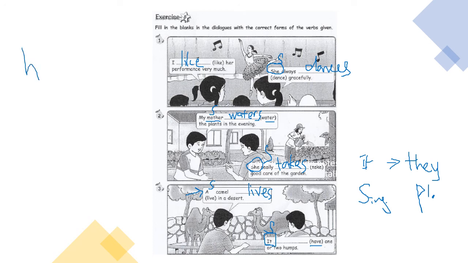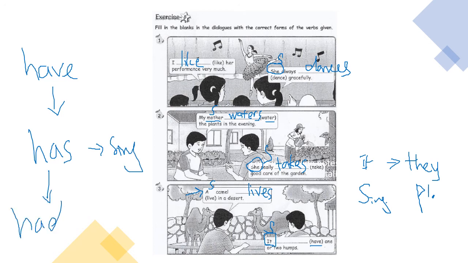Have is the base form and the plural form. So the singular form of have is has. And if past tense, then you use had. Everything here is actually present tense. So this one, it has one or two humps.